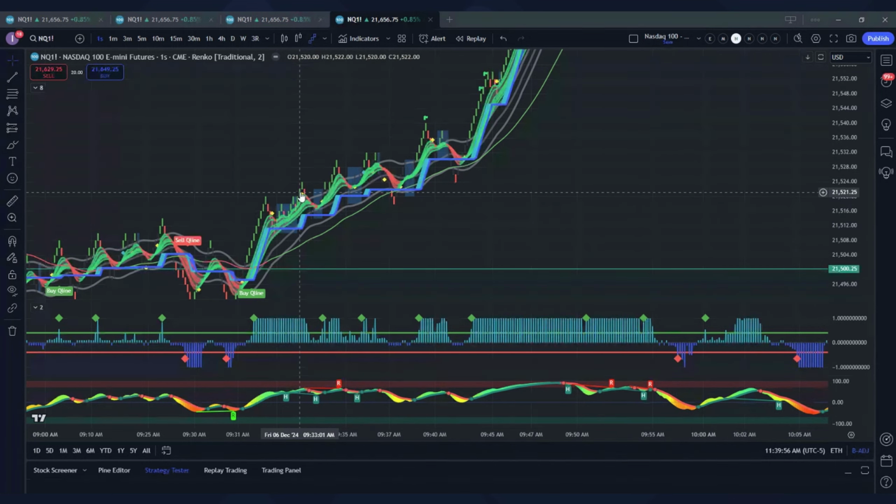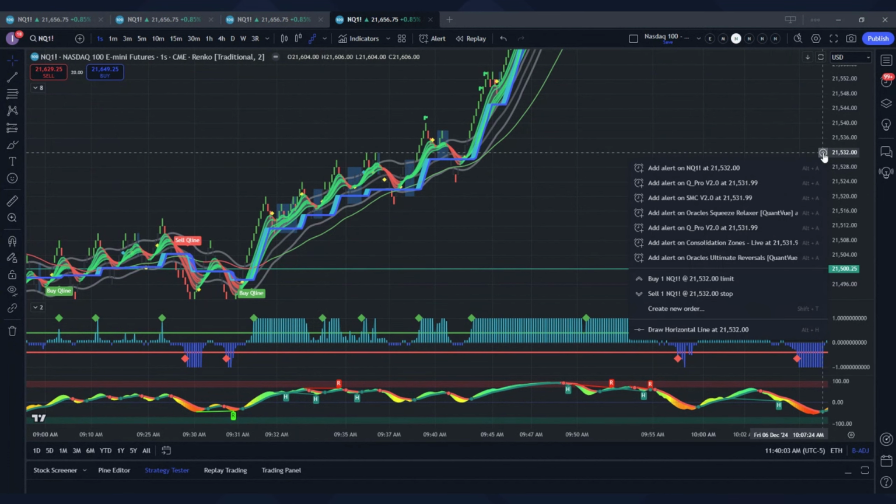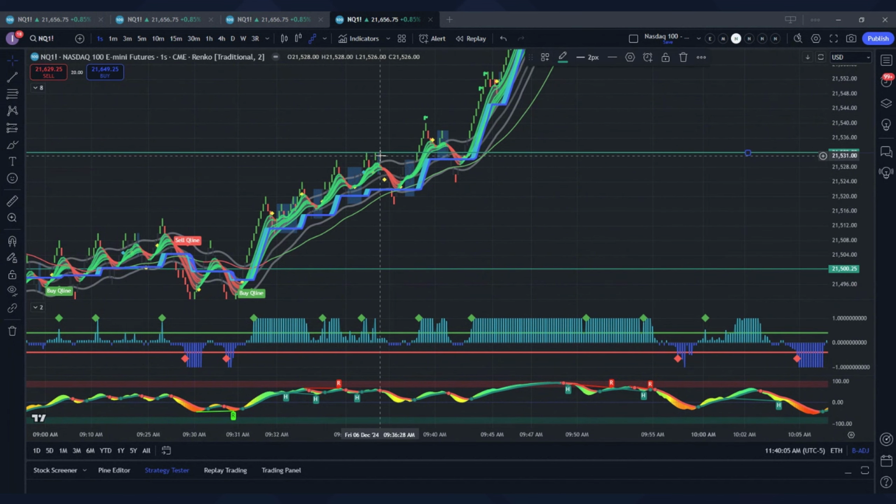So let's go to another one here. At about 532, we peak. And this is where we start to get pressure, not just with the wrinkles, but with Q cloud, right? As you can see, all of this green turns red.